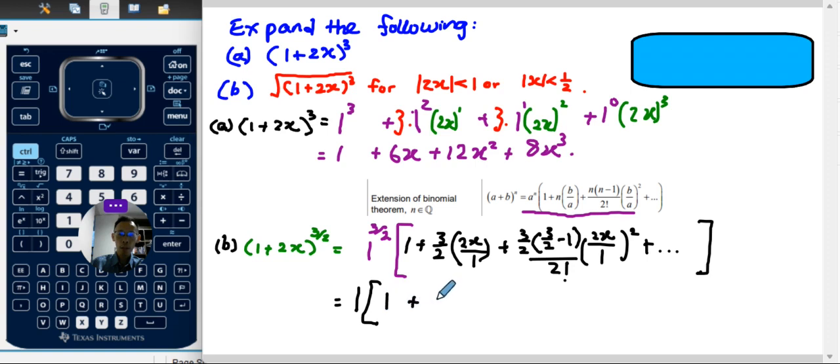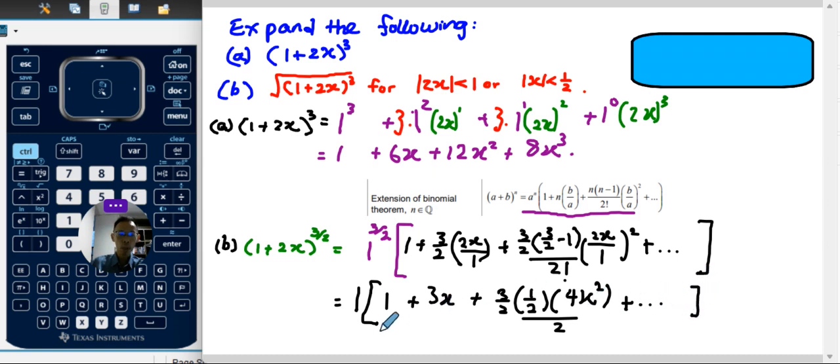This is 1 plus 3x plus 3 over 2. Next, 3 over 2 minus 1 is a half. And over here I have 4x squared, divided by 2, plus dot dot dot. And the process continues.